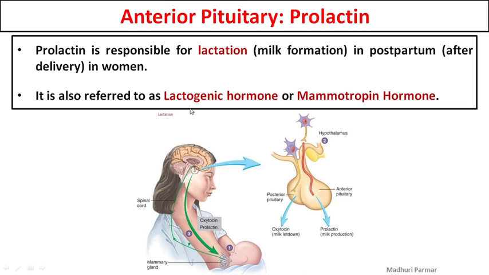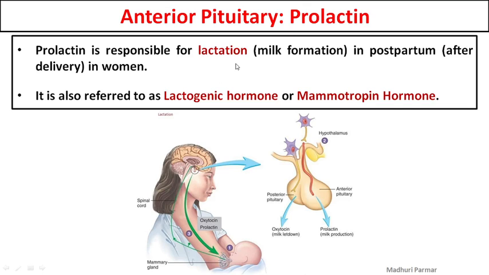Then another hormone, the last hormone from your anterior pituitary, is called prolactin. In the name only you have this term lactin, or if you remember from your biochemistry, lactose, right? Lactose is a milk sugar. So from that you can remember this prolactin being related to milk. Prolactin is responsible for lactation.